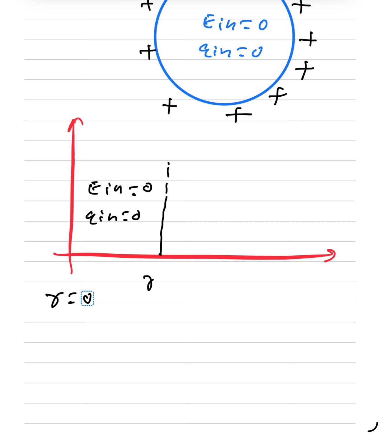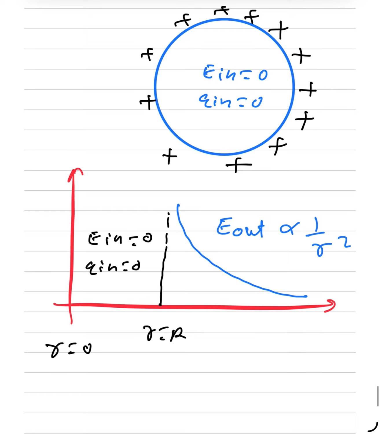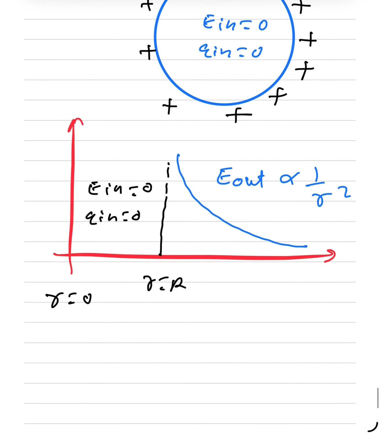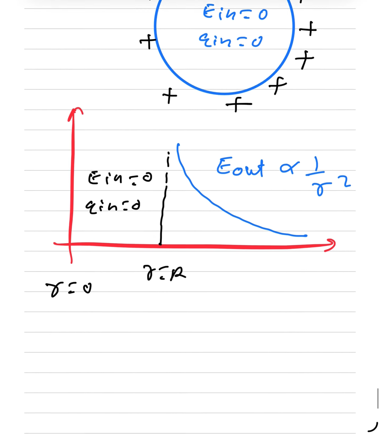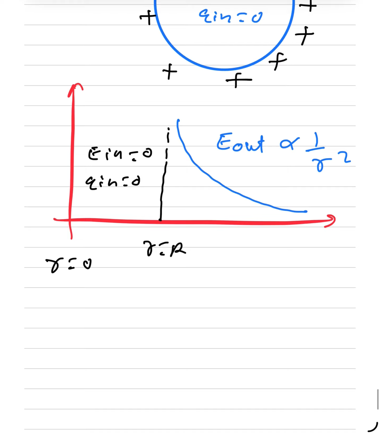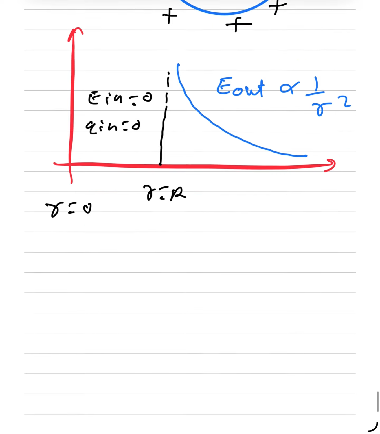This is the surface point, and beyond it the graph looks like this, E out inversely proportional to r square. This is the graph of the electric field due to a charged spherical conducting object.